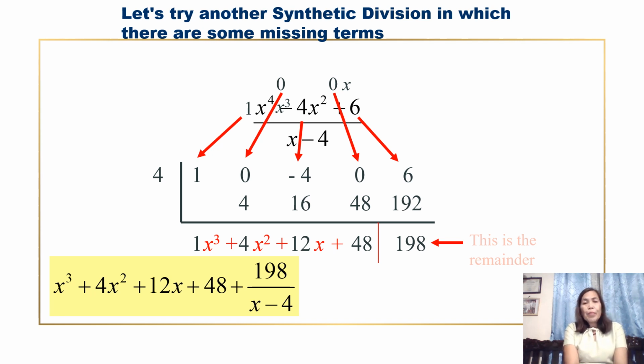O, diba? Mas madali ang synthetic division kaysa sa division by long method, which is also known as the algorithm method. So, division by algorithm or algorithm method. Iyon yung long method.